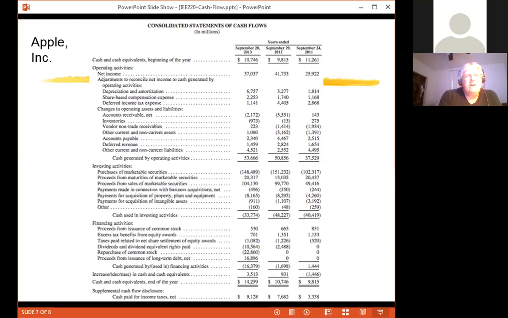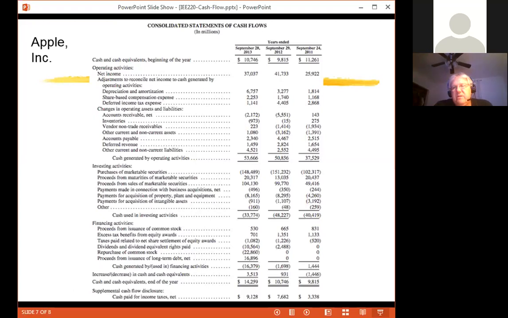Then you notice they have different financing activities. Sometimes they borrowed money, sometimes they issued stock. In this case, it doesn't look like they borrowed any money, but rather mostly, $500 million from selling stock, tax benefits that they've had, taxes they've paid.